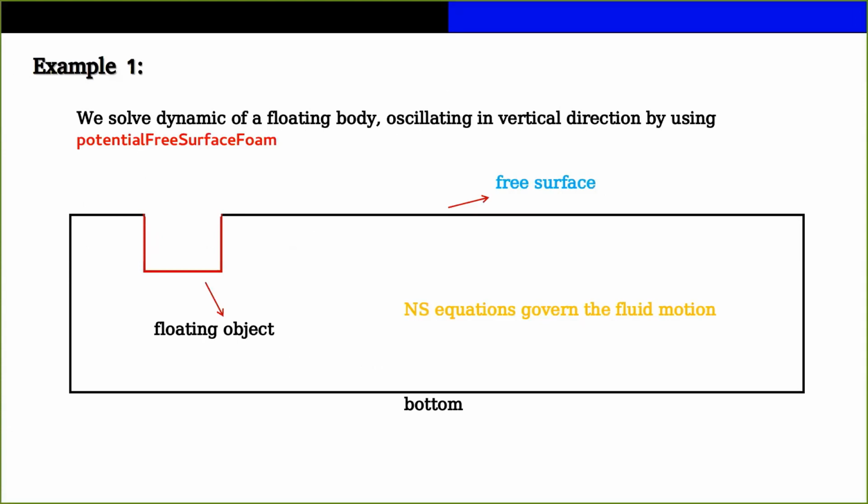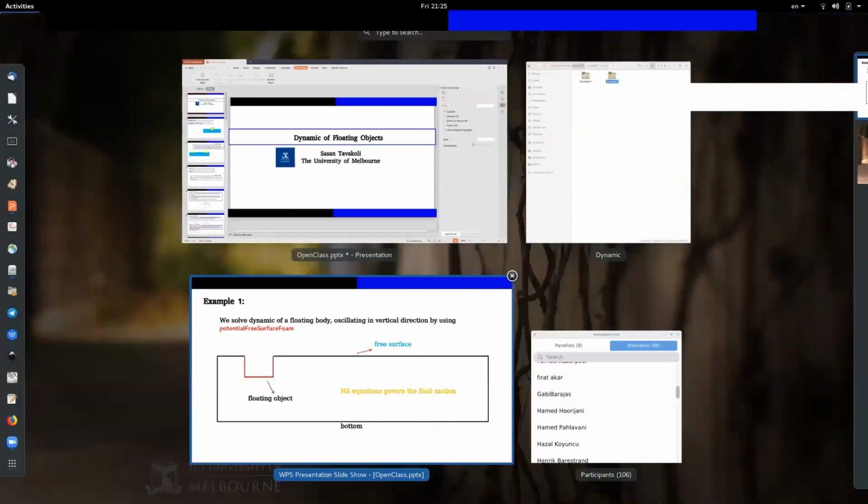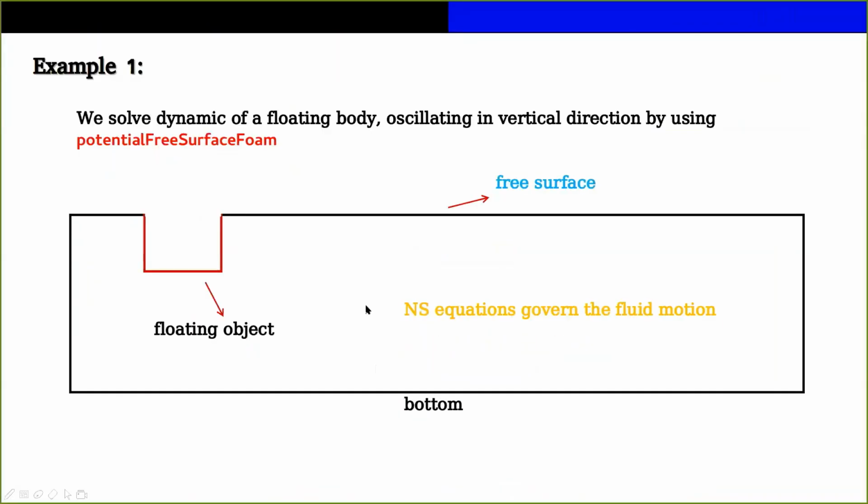The way that we do it, we use a very useful tutorial in OpenFOAM that is related to the multi-phase library of OpenFOAM. I'm using the tutorial of OpenFOAM 1806, but you can find it in the next versions as well.